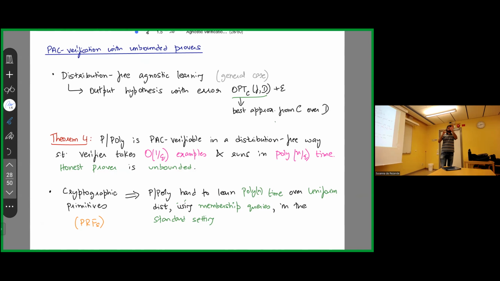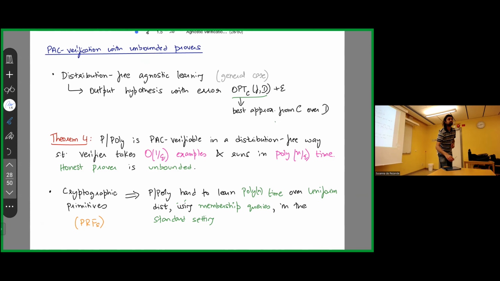If you have an unbounded honest prover, then even P/poly is PAC verifiable in polynomial time using 1 over epsilon random examples, and this is possible in a distribution-free sense as well. For context, if you just want to learn P/poly using random examples or even membership queries, assuming standard cryptographic primitives like pseudo-random function generators or one-way functions, this is believed to be hard.